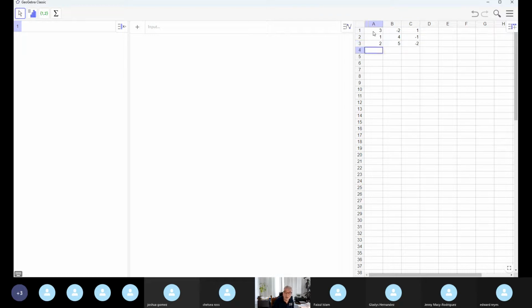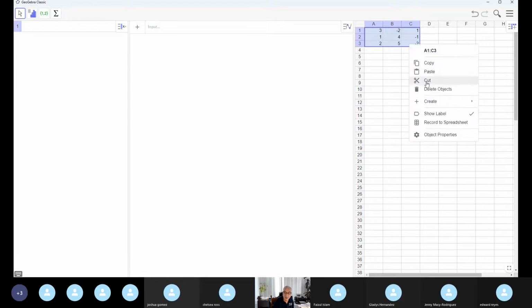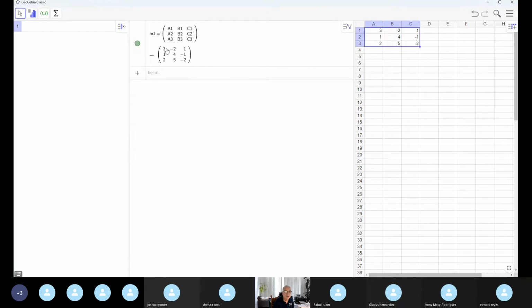I select everything, dragging while holding the left mouse click. Now press right click and create the matrix. And this matrix I want to rename. Let me first verify it's okay: 3, -2, 1, 1, 4, -1, 2, 5, and -2.